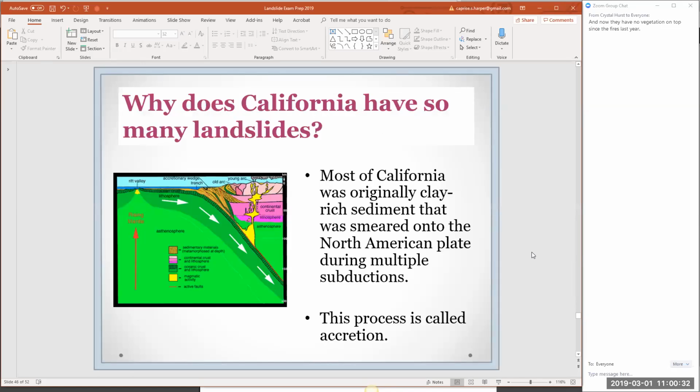On your exam, it asks this question: why does California have so many landslides? I don't know why it's focused on California, but the reason why is pretty fascinating. I loved when I learned about this in geology: most of California is stuff that was smeared onto the continent.